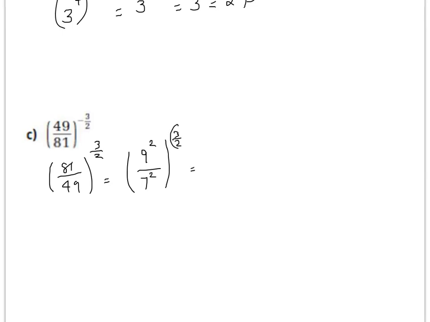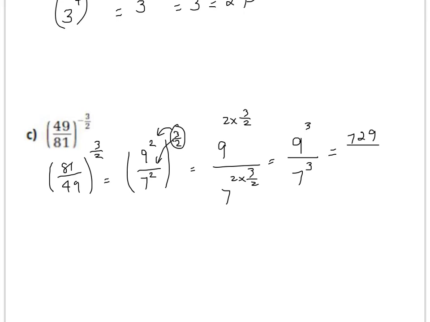So if I distribute the exponent inside the bracket, I get 9 exponent 2 times 3 over 2 divided by 7 exponent 2 times 3 over 2, which is, the 2 cancels with 2, so it's going to be 9 exponent 3 divided by 7 exponent 3, which is going to be equal to 729 divided by 343.